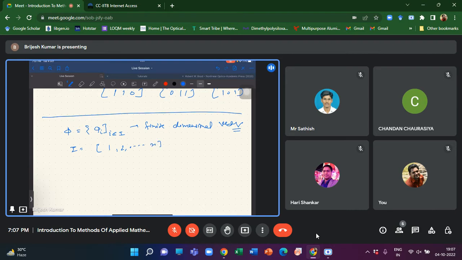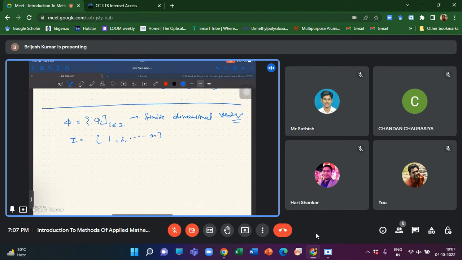If I have from 1 to n, then it is called an n-dimensional vector space. A vector space V will be infinite dimensional if it contains an infinite linearly independent set of vectors. So it also depends on the dimension of the vector.